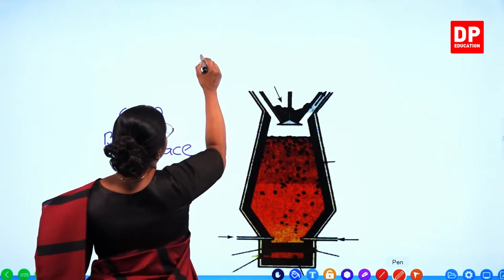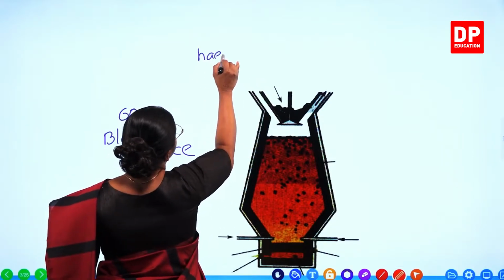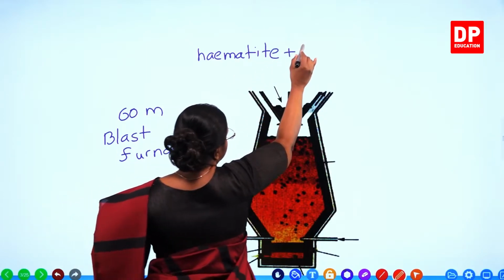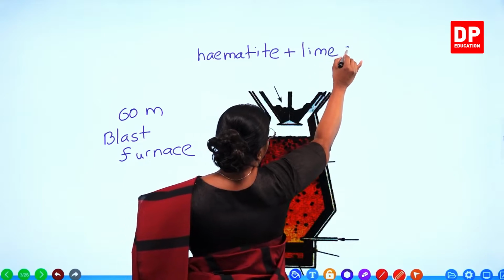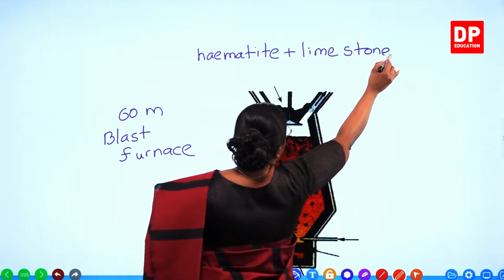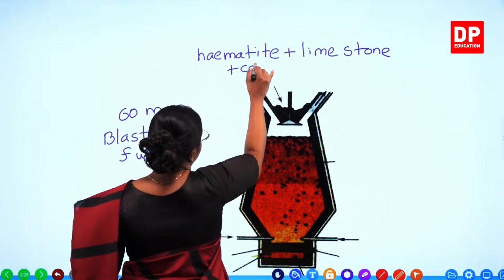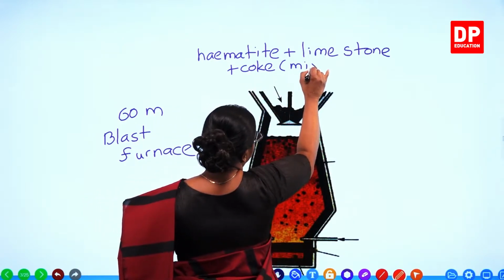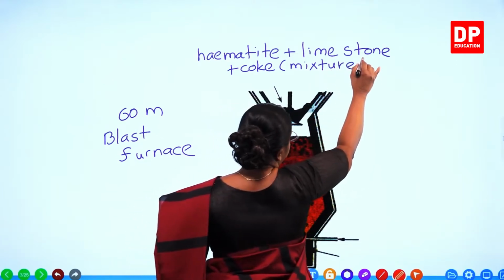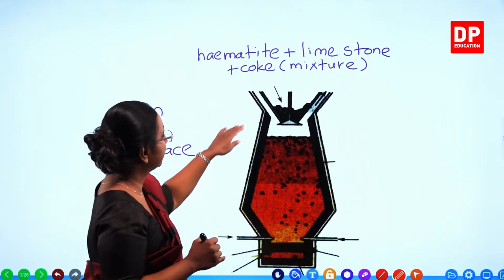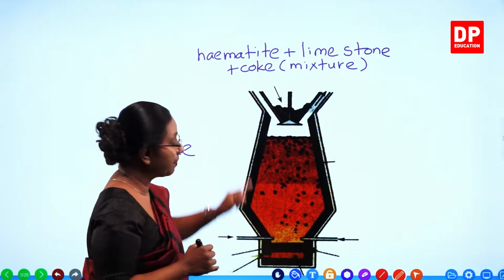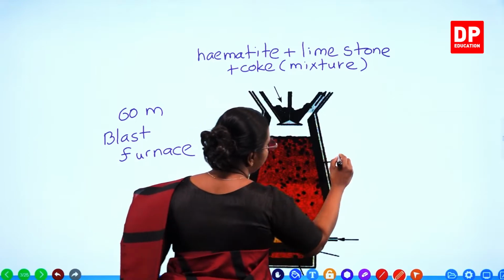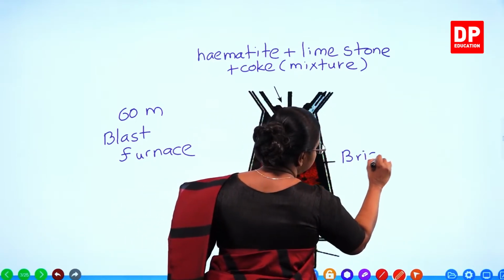So this contains hematite plus lime or limestone plus coke. This is the mixture, finely powdered mixture. Those are the raw materials fed from the top. Then on the side you can see we have all the brick walls. This is a brick wall.